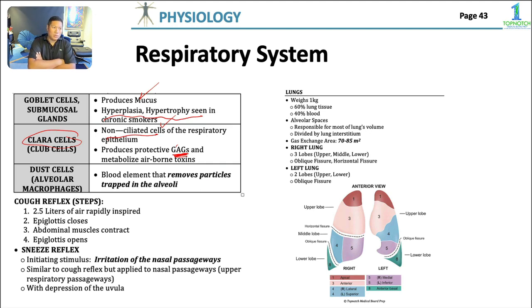Of course, after World War II, ang dami nilang reklamo, bakit yung pinangalanan sa hayop na yan? Kaya na-discover dahil nag-experiment sa mga Jewish prisoners of war. That's why eventually Clara cells were renamed to club cells. However, even in textbooks, you may still see the term Clara cells. So in the med boards, Clara cells is synonymous with club cells.